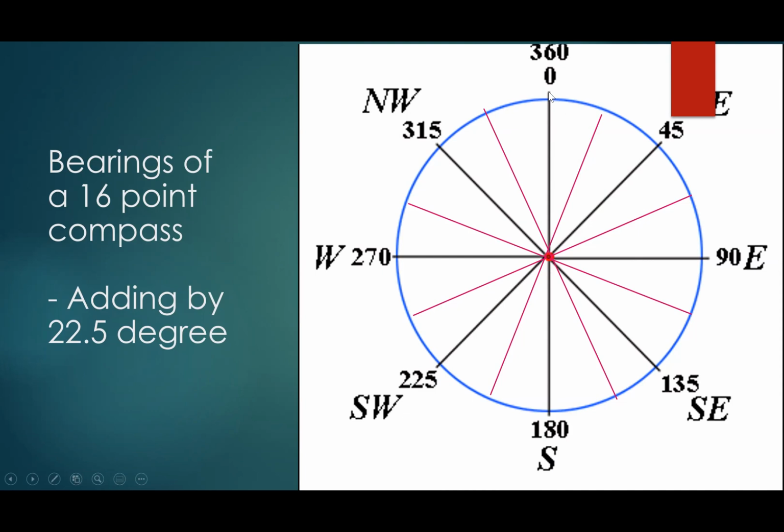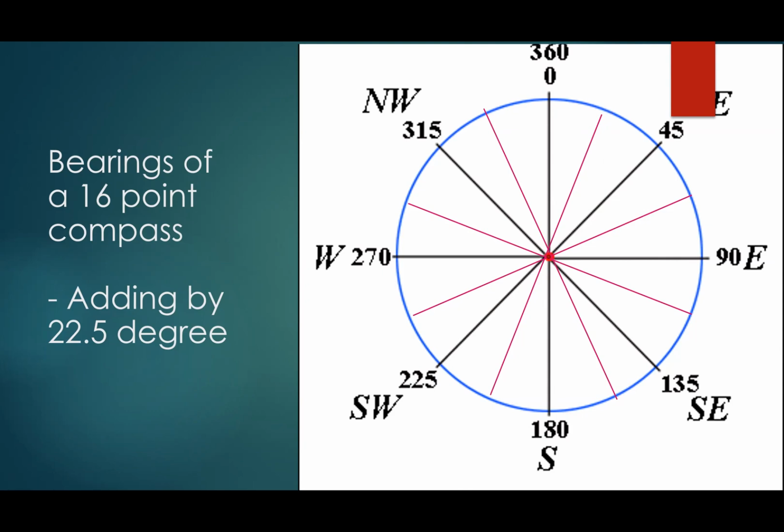Now we said we're starting at 0 degrees, and remember, as we discussed the 8-point compass, we said that the bearing of northeast is 45 degrees. Just like the other compasses that we discussed, 0 to 45, and we have a line that is halfway between that. So halfway between 0 and 45 is what degree?